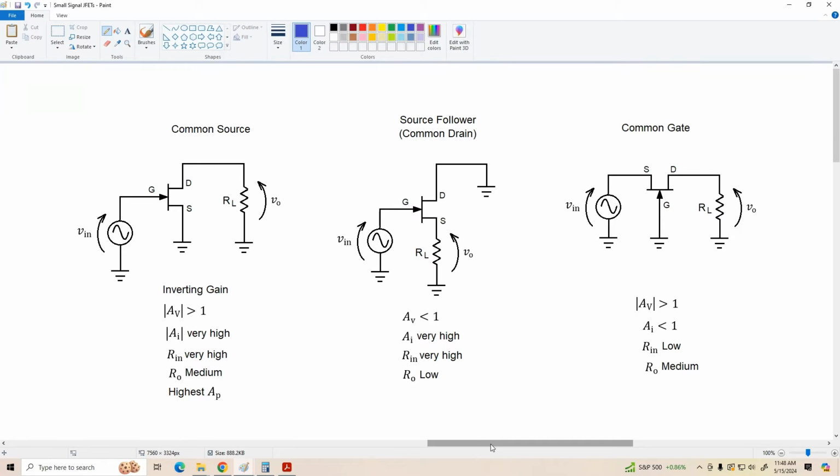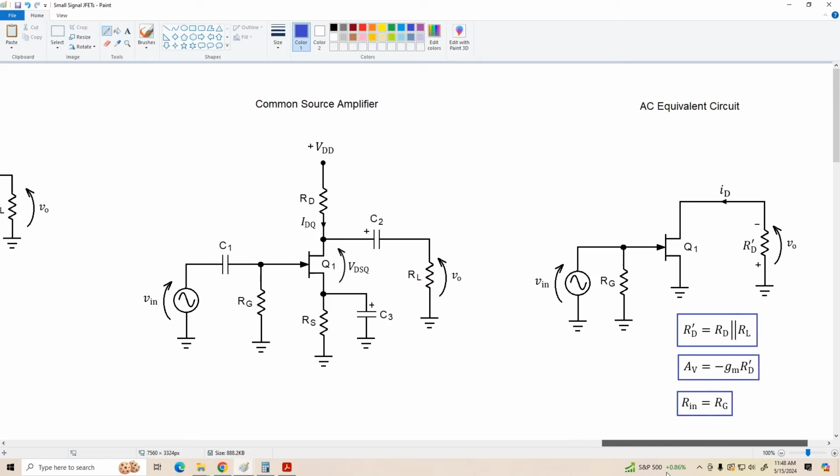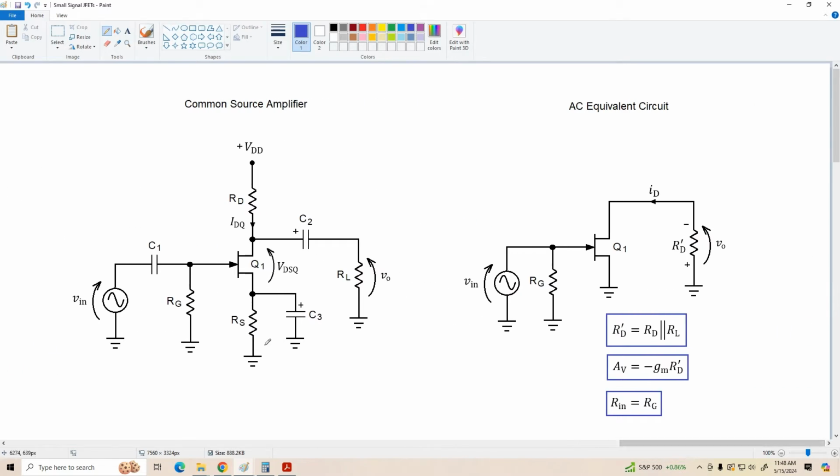Now let's go take a look at a common source amplifier. On the left-hand side of the screen, we've got an N-channel JFET biased up using source feedback biasing, and we've capacitively coupled the input source to the gate, capacitively coupled the load resistor to the drain, and I've used a source bypass cap across RS as well to maximize voltage gain, just like we would in a common emitter amplifier.